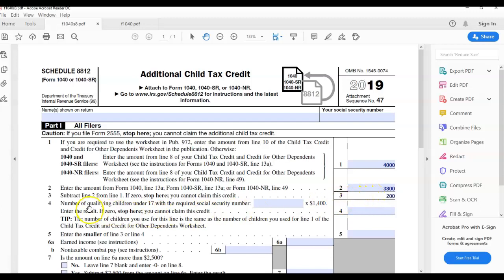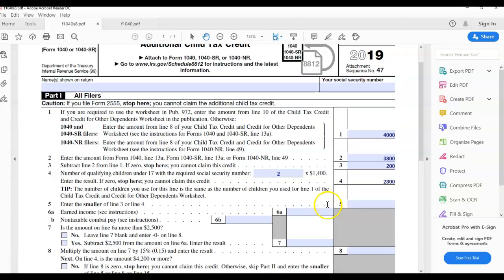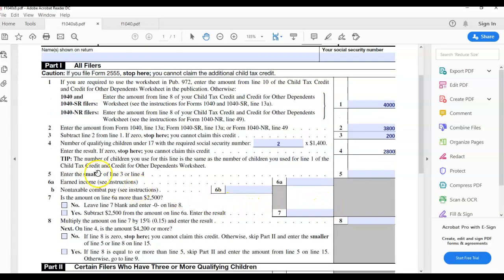And then if we go here where it says enter the number of qualifying children under 17, that is 2, and that's times 1,400, which is 2,800. And then it says enter the result of 0, stop here, you cannot claim any credit.